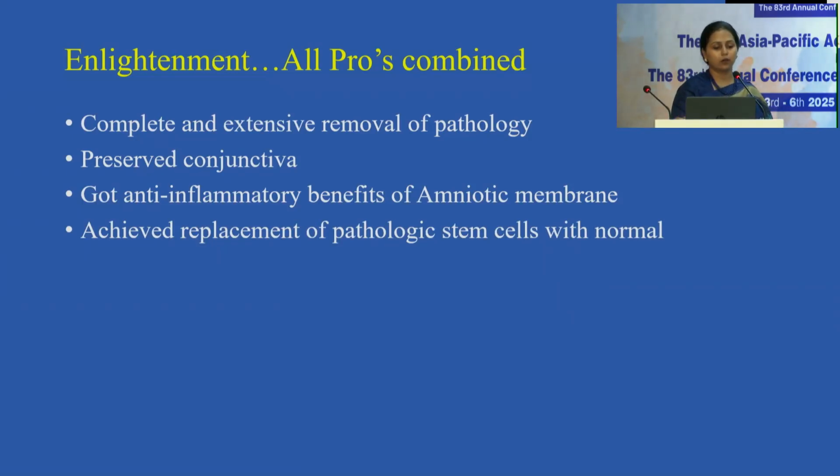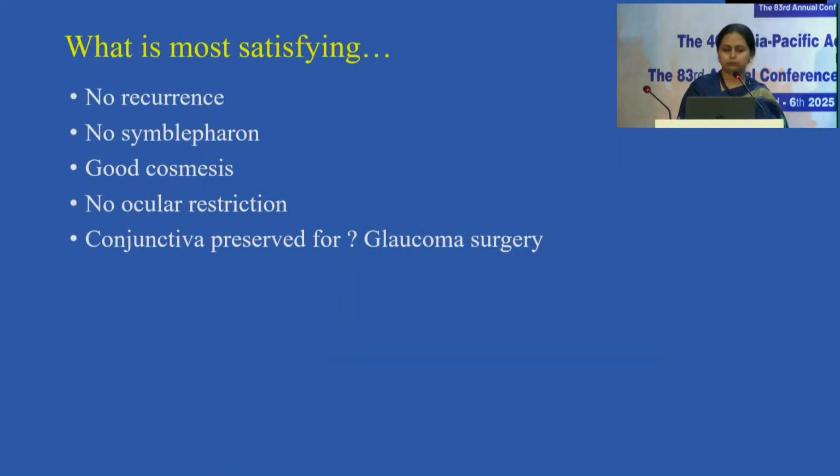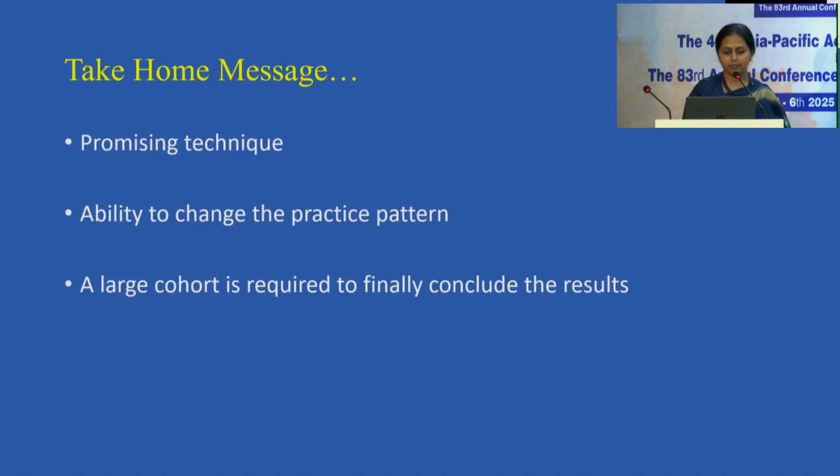So complete and extensive removal of the pathology, we are able to preserve the conjunctiva, and we also got the anti-inflammatory benefits of the amniotic membrane here, and we also achieved replacement of the pathologic stem cells with the normal cells. You can say that in some patients you might find granuloma formations or a slight exophoria. There is no recurrence, there is no symblepharon formation, there is good cosmesis, no ocular restrictions, and we are able to preserve the conjunctiva, as I've already said.